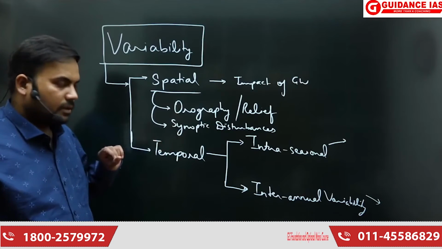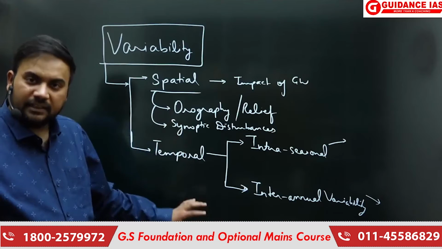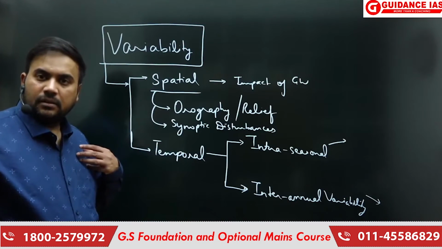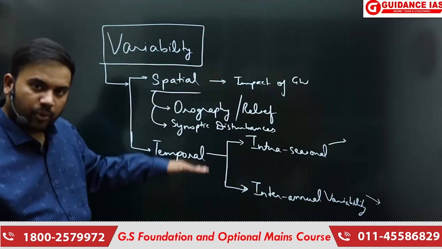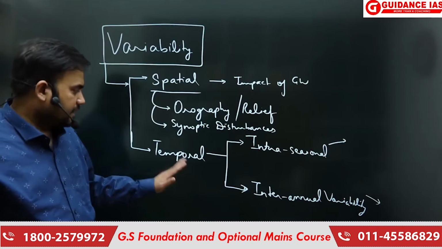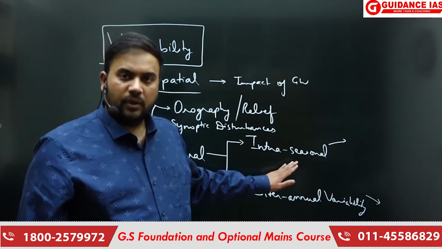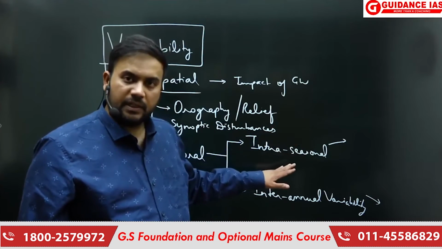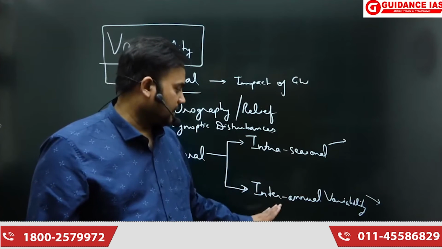So I will explain the spatial variability, the content that I have given, I will use that content in this form, in this approach. Same thing when I'm talking about temporal variability, I'll talk about the monsoon trough, how it moves north-south, Madden Julian oscillations, etc., in case of the intra-seasonal variability.